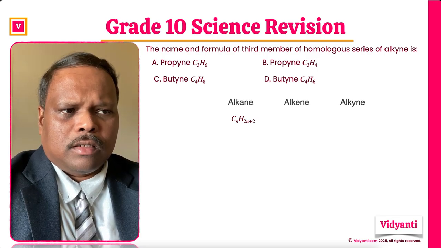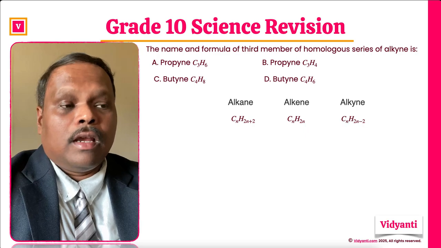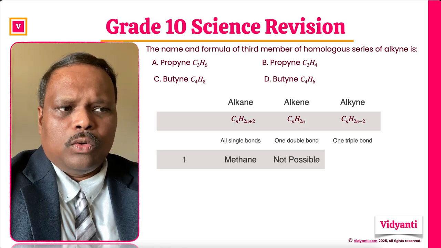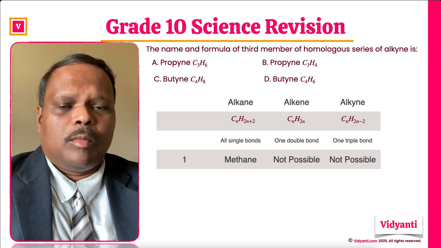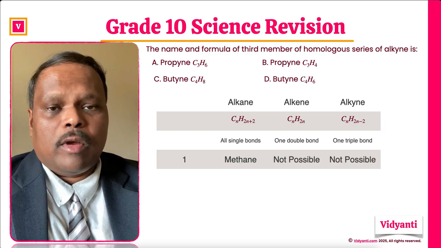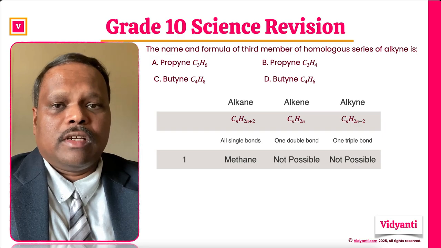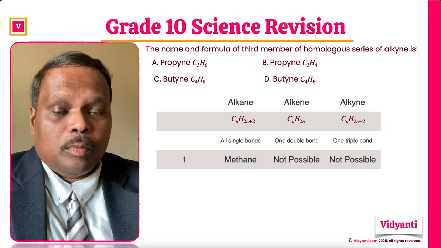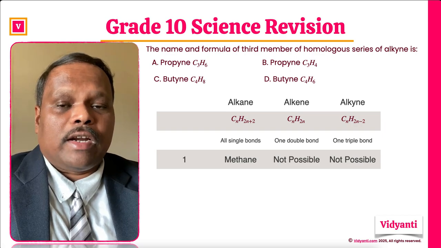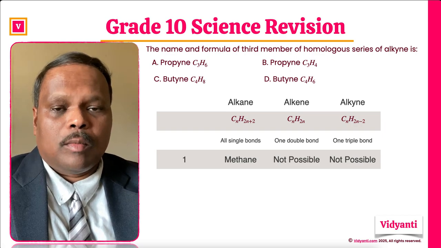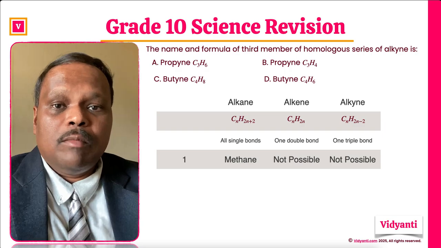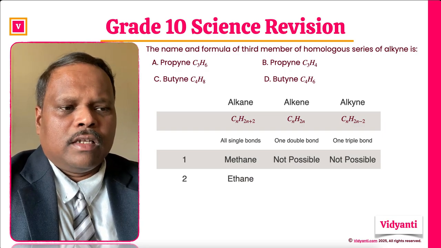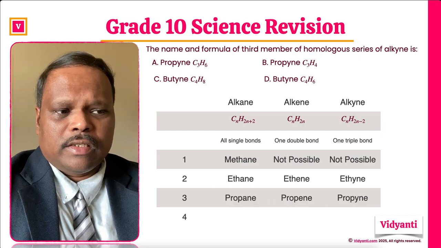Again, the sequence is alkane, alkene, alkyne, and remember, for the first member only alkane is possible, since a double bond and triple bond require at least 2 carbon atoms, so the first member is missing with a single carbon atom in the case of alkene and alkyne, because in order to become unsaturated, they need to have at least 1 double bond or at least 1 triple bond, and for that purpose they need a minimum of 2 carbon atoms.